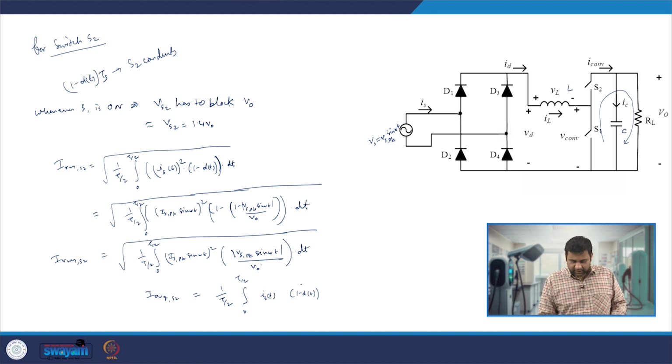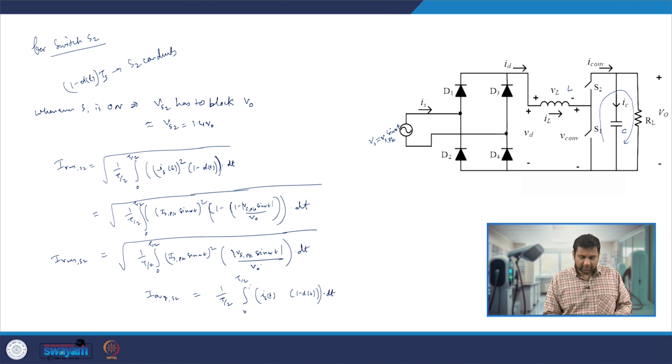In each cycle this particular switch will be conducting for 1 minus d of t fraction. So, this will be Is times 1 minus d, and you have to take an average from 0 to T by 2. By solving this particular expression, one can put d of t and Is of t, where we assume that the current drawn from this source has a unity power factor.